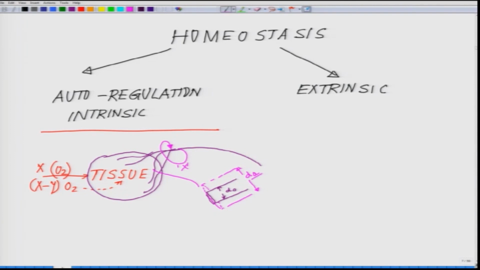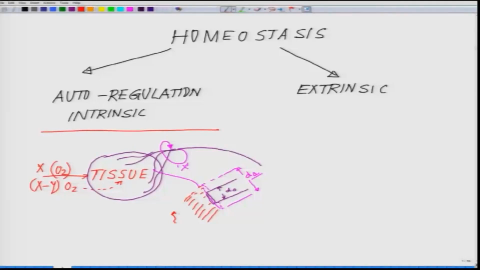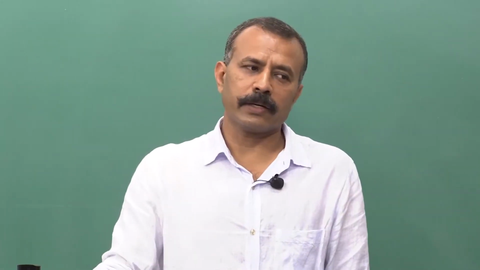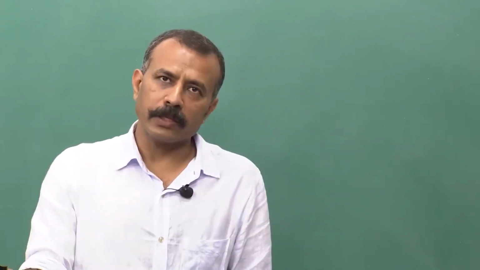Now the amount of blood supplied to this tissue will be more, and this more blood will compensate for the minus Y amount of oxygen, the deficit, through the dilated vessel. So this is an example of autoregulation or maintaining homeostasis.